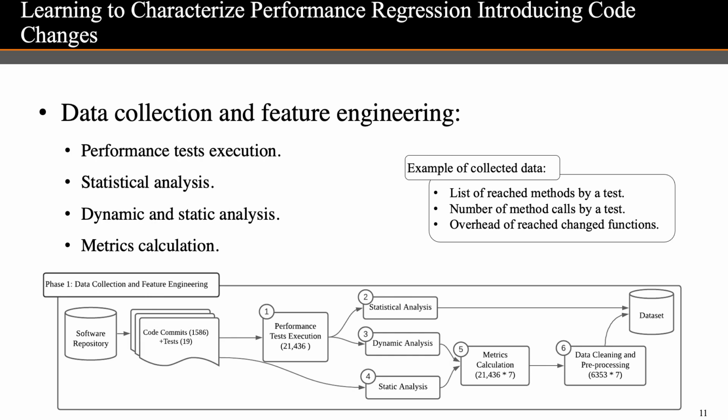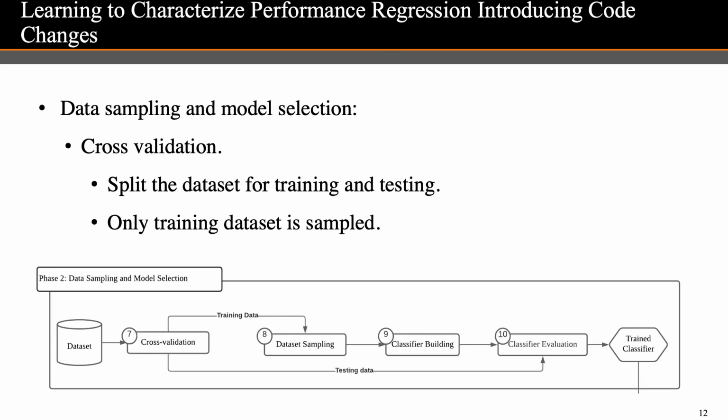During metrics calculation, which is process 5, features are generated from the metrics difference between pair of consecutive commits to describe the latest one. The second phase starts with addressing the high class imbalance. Different sampling techniques have been applied and different classification models have been evaluated on the balanced dataset.